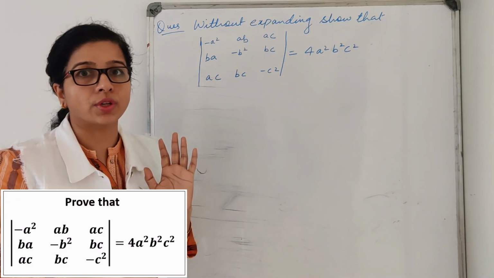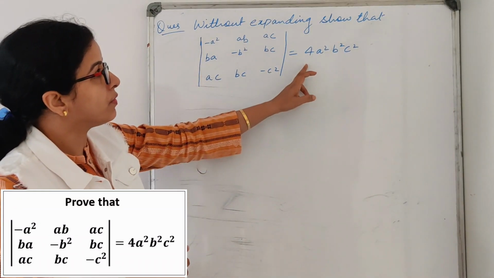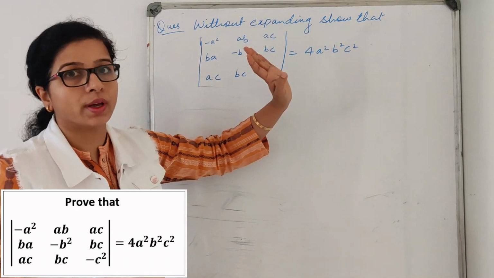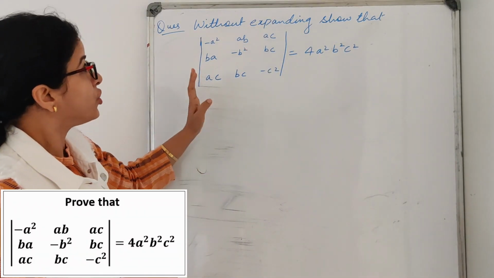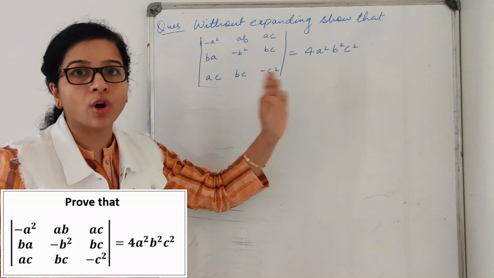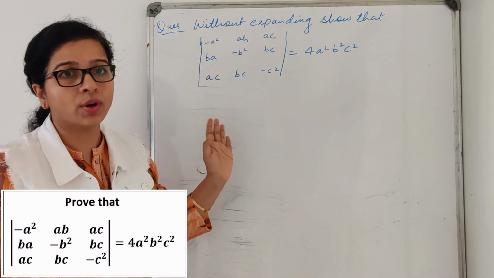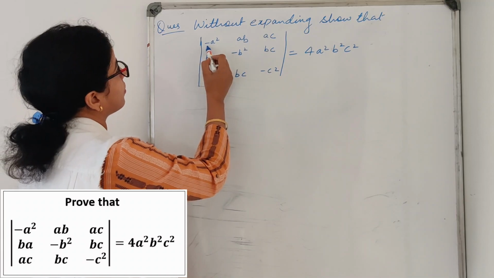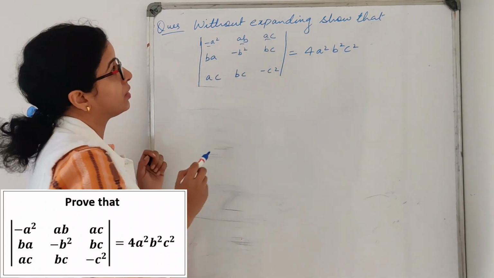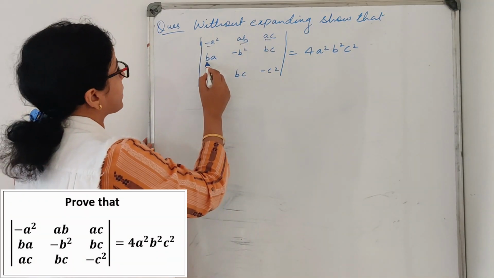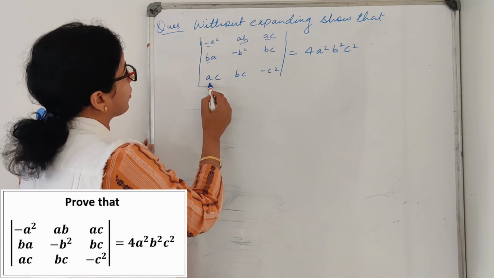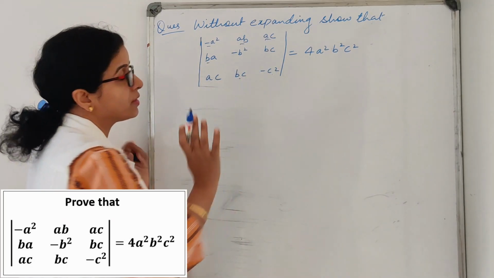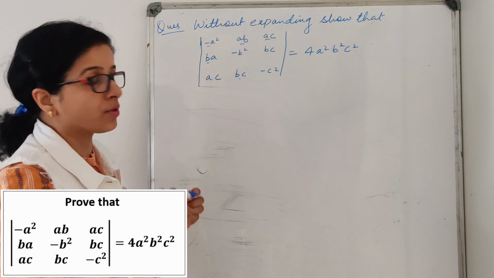On the right hand side what is given is 4a square b square c square. Now check, can we take out anything common from the determinant? From the first row, I can take out a common. From the second row I can take out b common. From the third row I can take out c common. So we'll start with that.